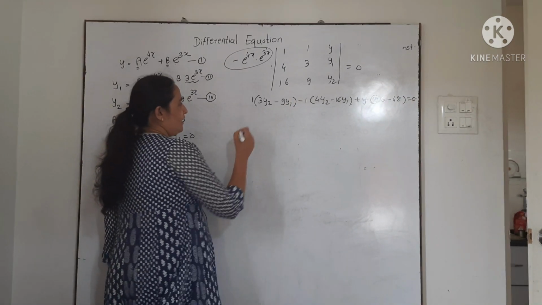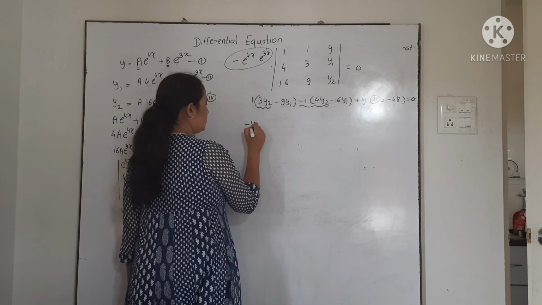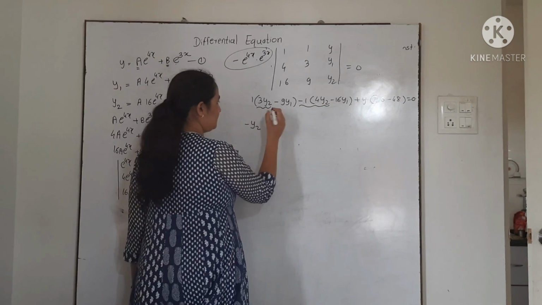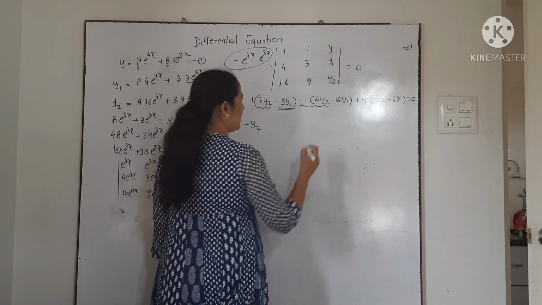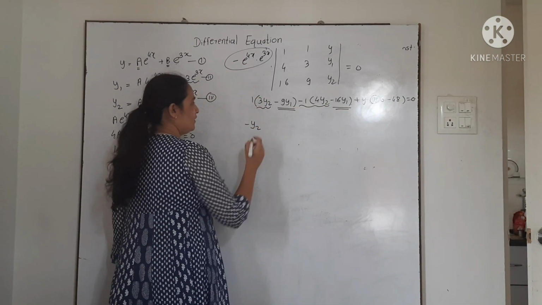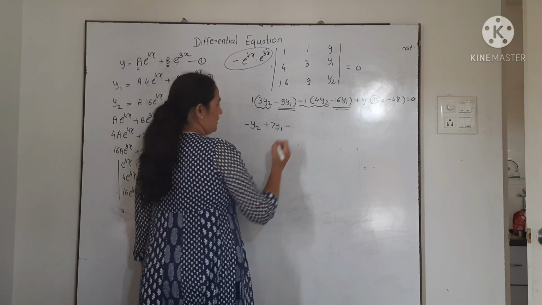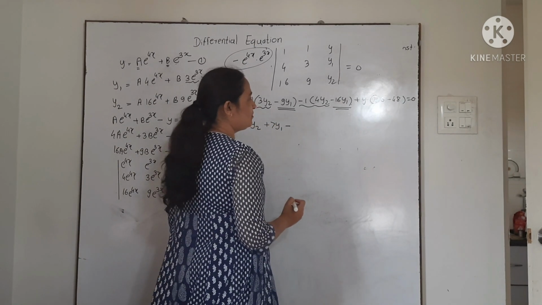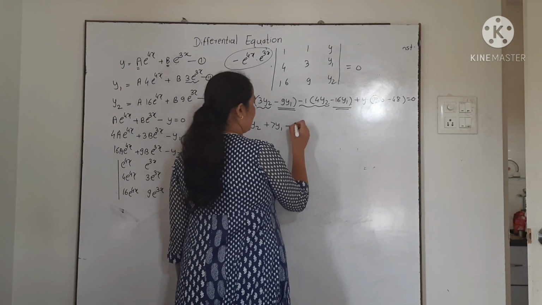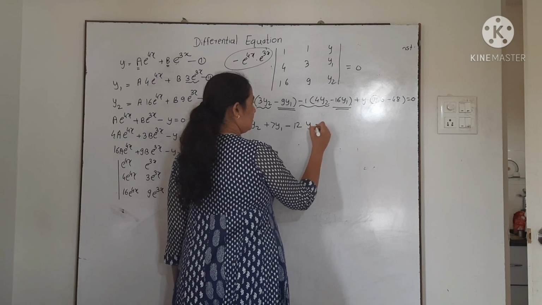So if we simplify this, 3y2 minus 4y2 will be minus y2, minus 9y1 minus minus plus 16y1 that is equal to plus 7y1, minus 36 minus 48 that is equal to minus 12y equal to 0.